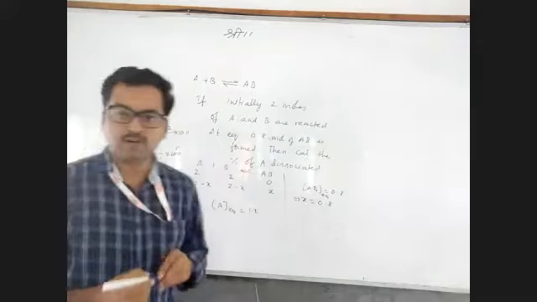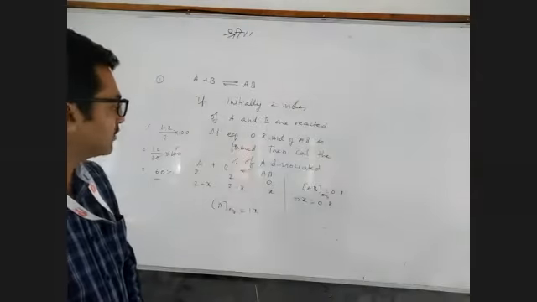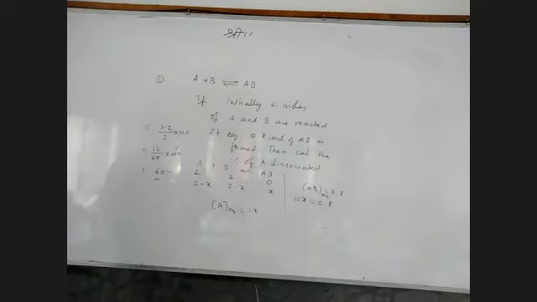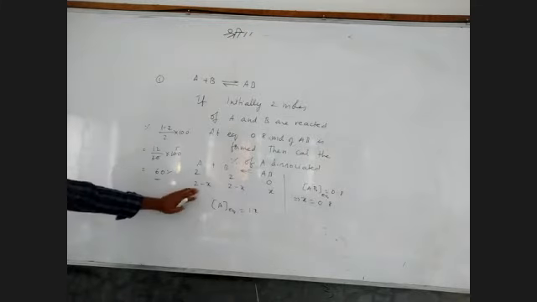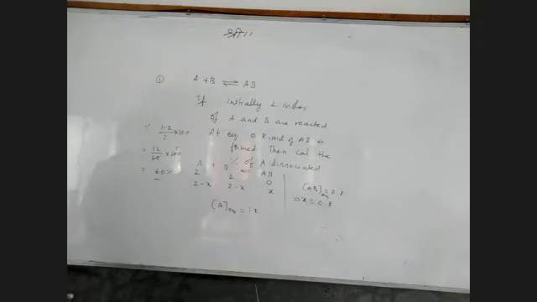What is our question? Calculate the percentage of A dissociated. So 60%, 2 minus x means 1.2, so how much is remained is 60%. So 40% is dissociated.